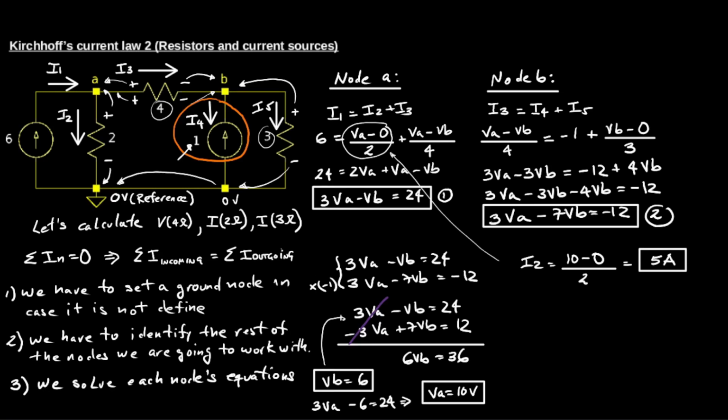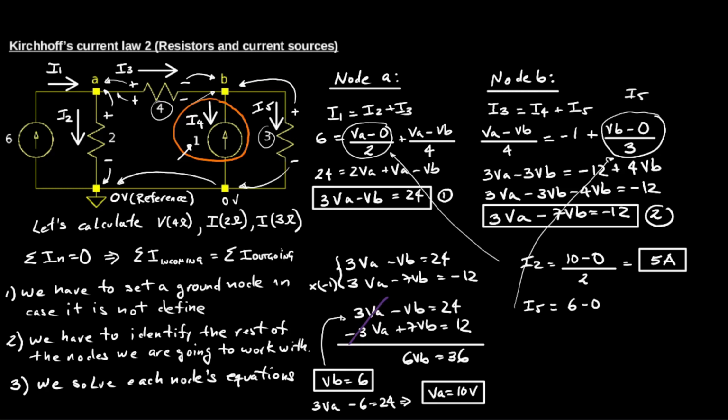And now I have to get current through 3 ohm resistor. If I take a look to the circuit, the current through the 3 ohm resistor equals I5, which I got its equation when I was solving equations for node B, as I am surrounding on the upper right.